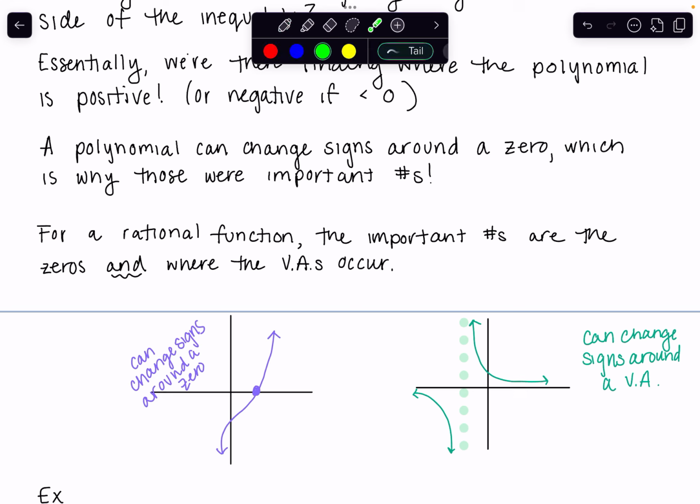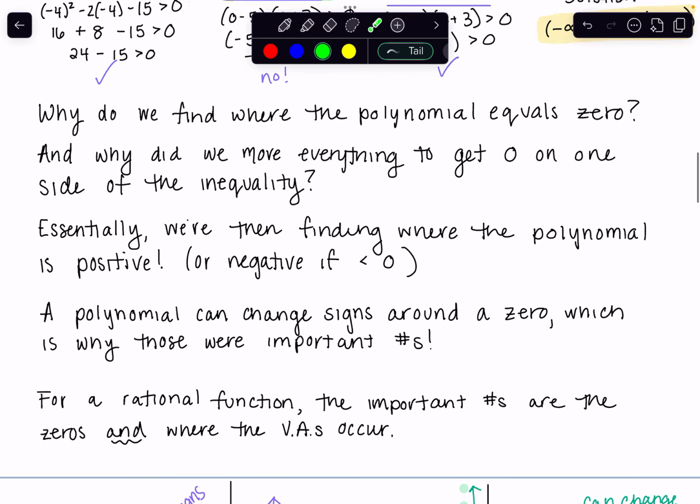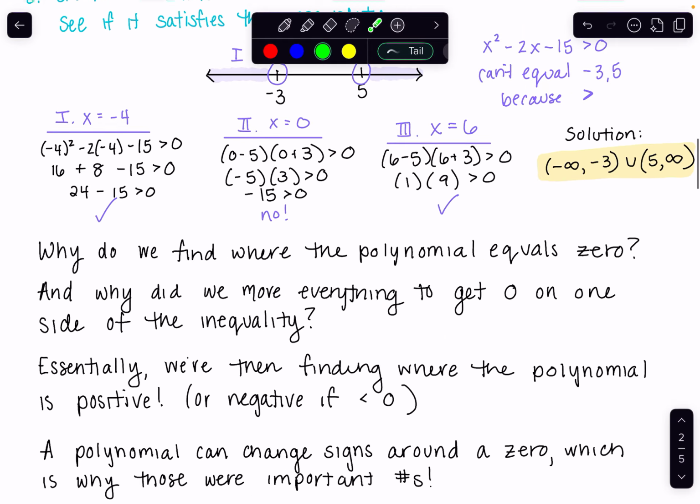Okay. And with a rational function, these values are where the numerator equals 0. These values are where the denominator equals 0. Here, there was no denominator, you just had 1, so you were just finding where the numerator equals 0. So it's the same idea.